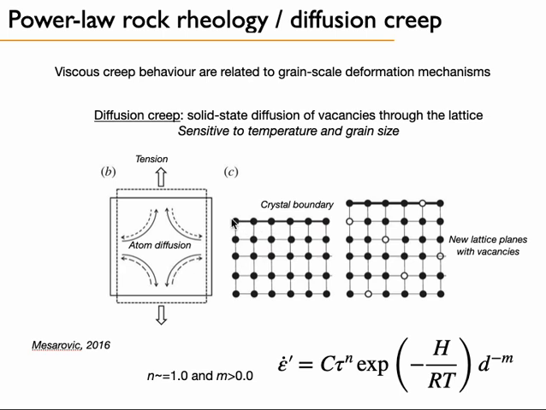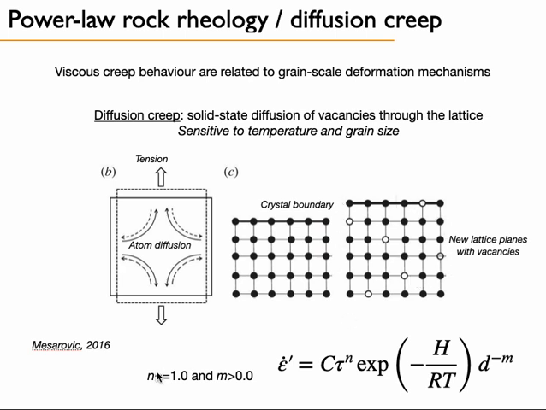Here we have a crystal boundary. This is again the lattice of the crystals. As the crystal is being stretched and the vacancies are diffusing through the grain, you can stretch the crystal and include new vacancies inside.